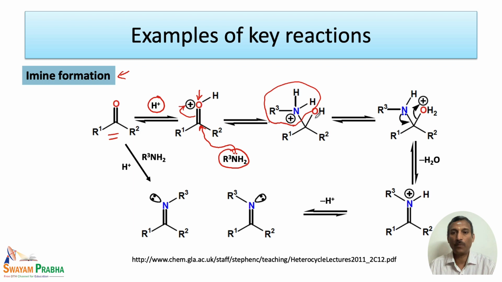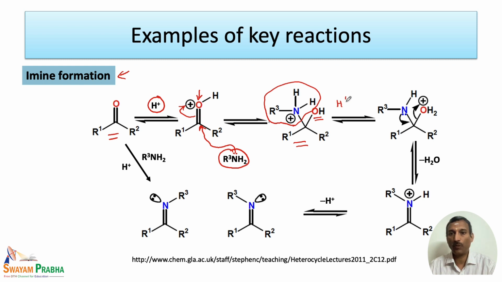So the positive charge on the oxygen is removed by the shift of this double bonded electrons, and the nitrogen, since it lost the lone pair, becomes a positively charged ion. This is the intermediate that is formed initially.